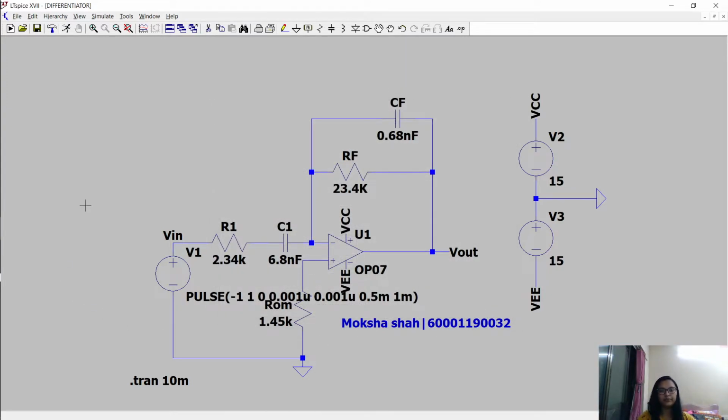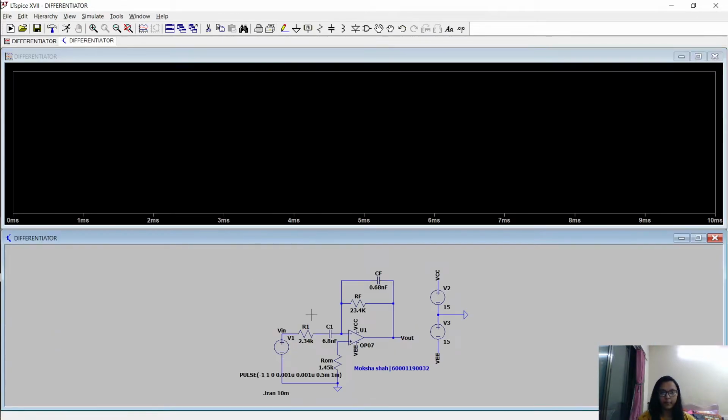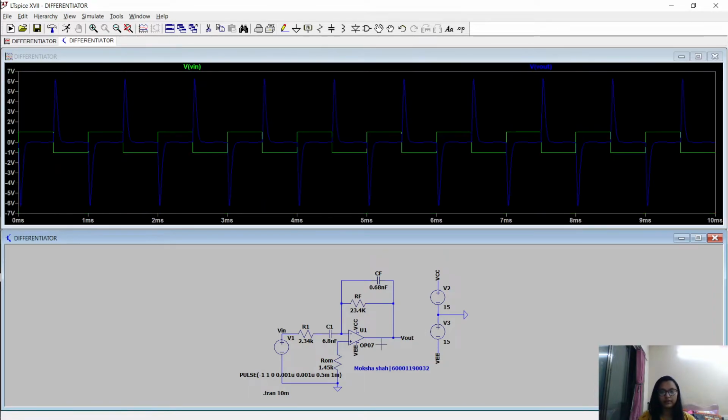Click on OK. To place it properly, drag this and place it over here. Now run. Click on the input side. Yes, I'm getting a proper square wave, and at the output side I will get alternating negative and positive spikes. So this is correct. This is about the input square wave.